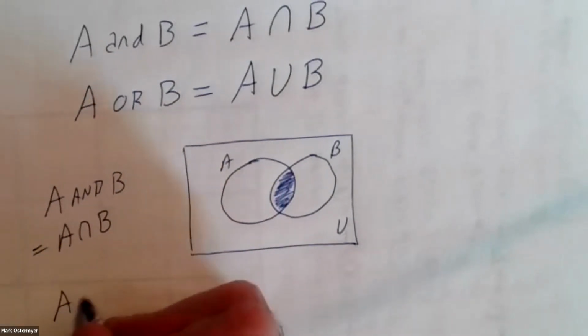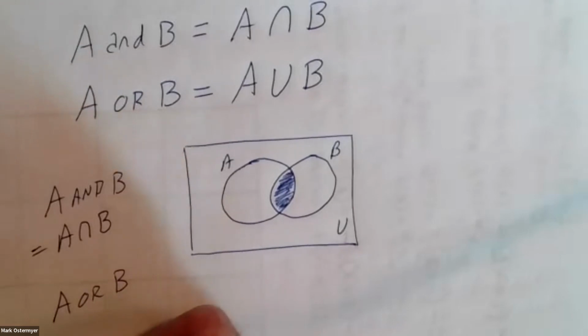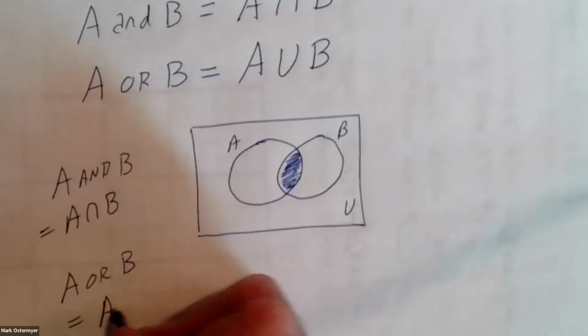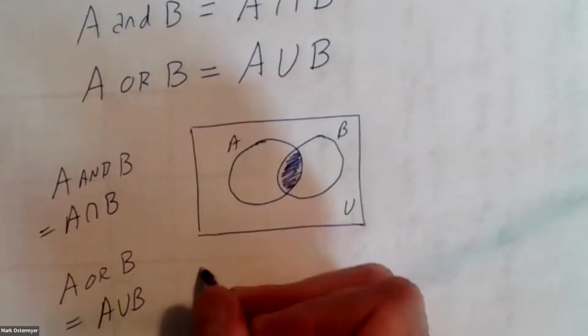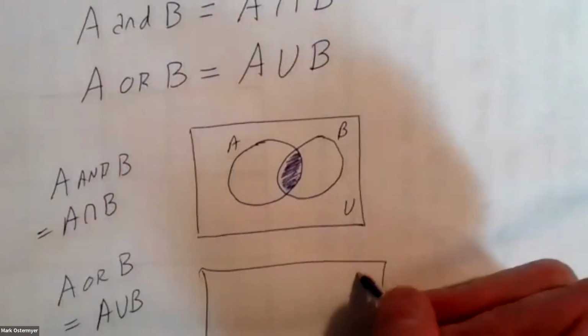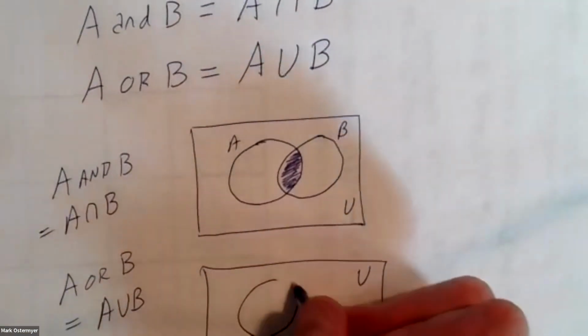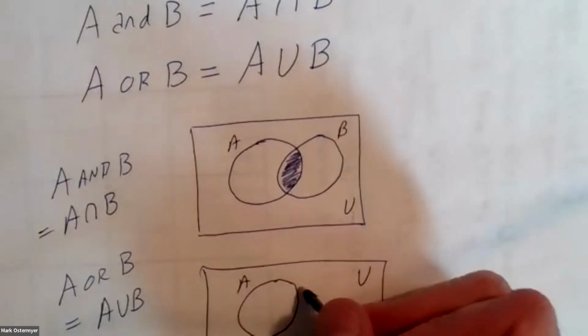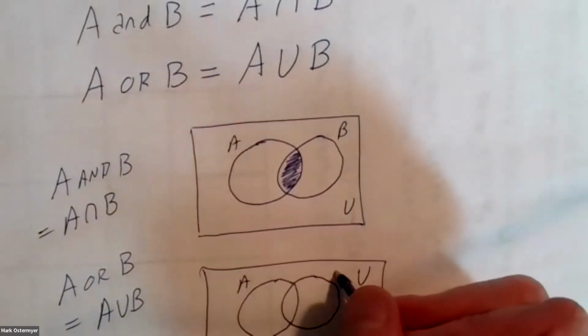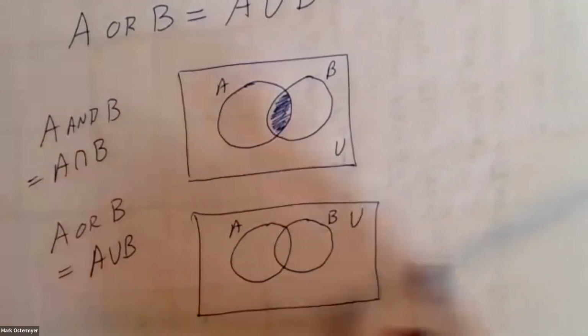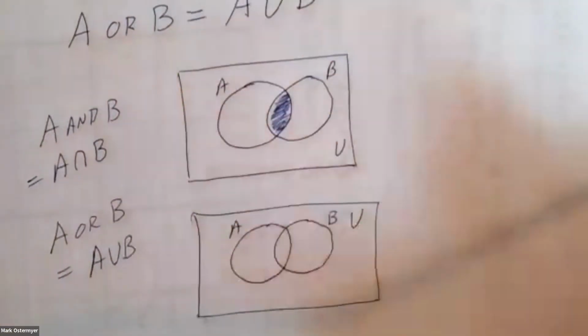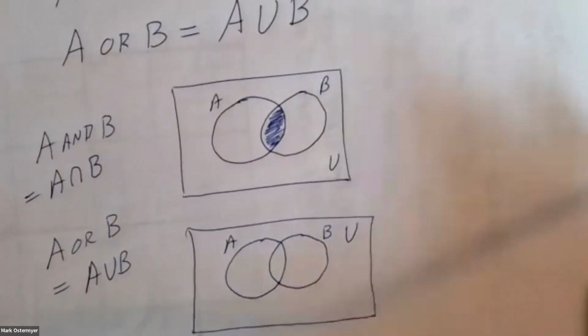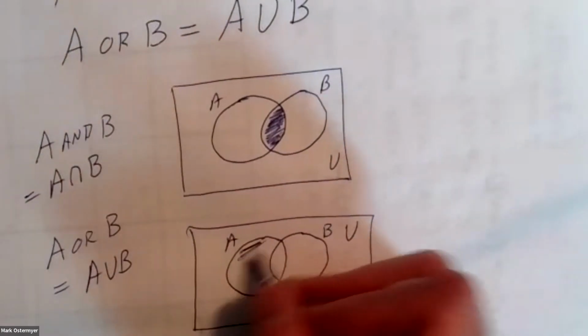What would be A or B? Well, A or B is A in union with B. So Venn diagram, grammatically speaking, how would we represent A or B? Remember, union joins sets together. So if we join all the elements in set A to all the elements in set B, we have a bigger set.